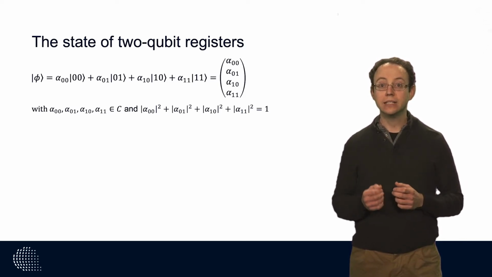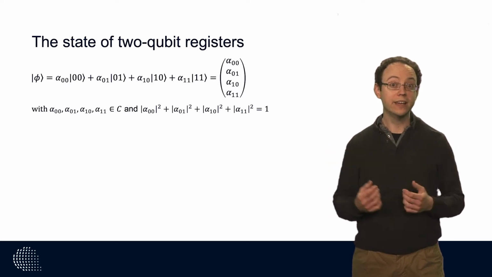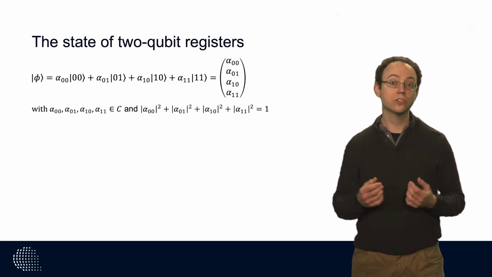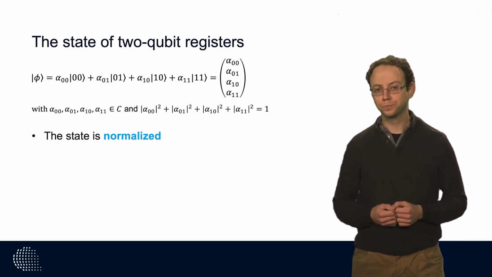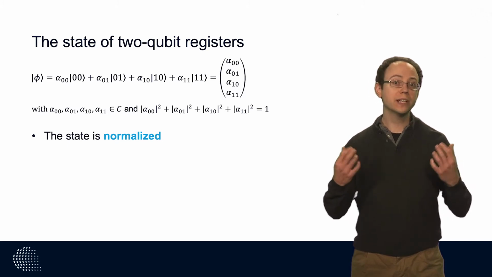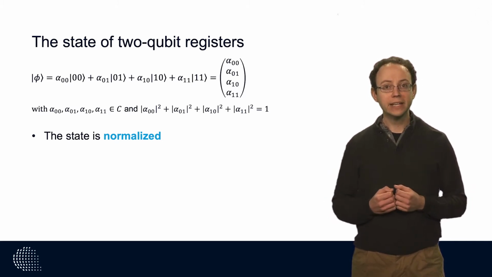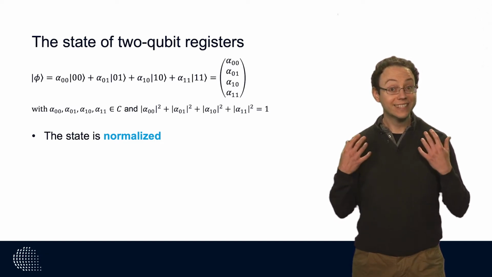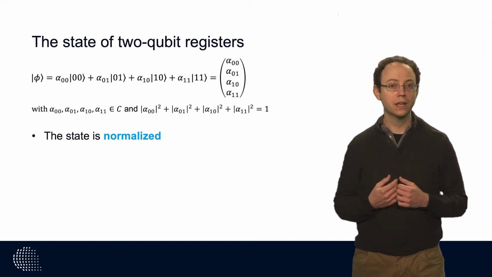However, similar to the 1-qubit case, there are a set of constraints that these vectors need to verify. First, the state must be properly normalized, meaning that the sum of the magnitude squares must add up to 1.